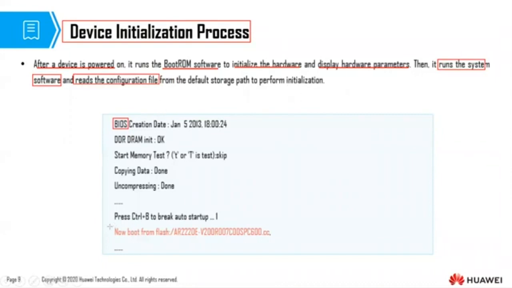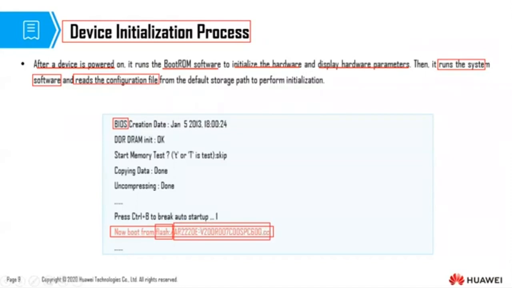Some of the things that you might see when you're starting up the device, for example, is the storage location where the VRP is being loaded to, and of course the name of the file and the extension. You can see it ends with .cc, meaning that it is a system file.